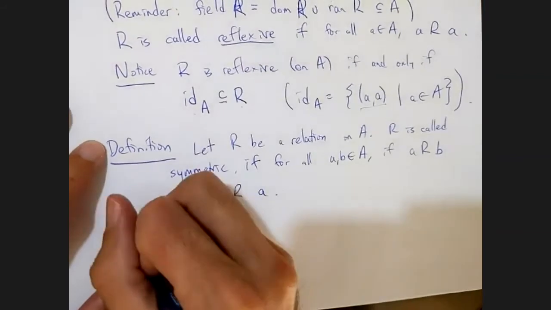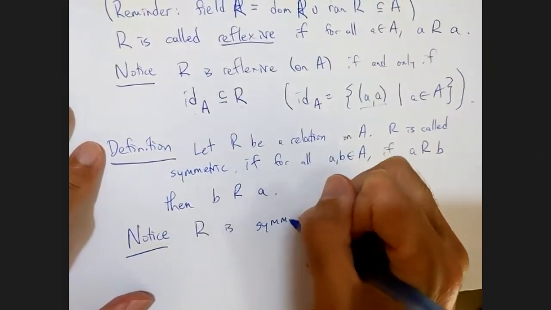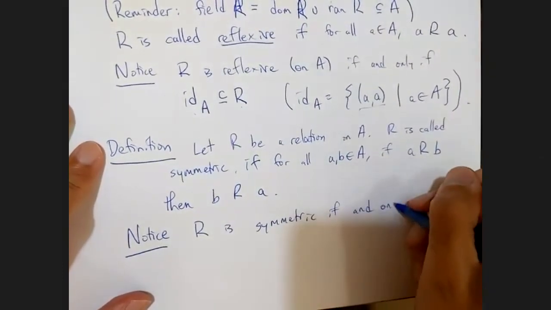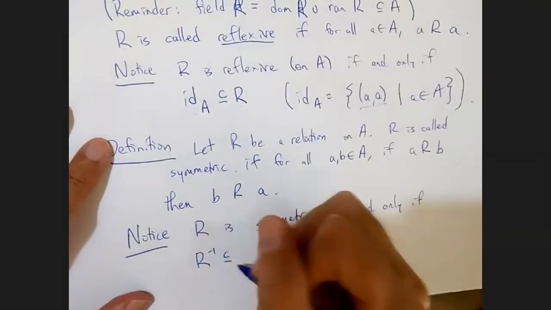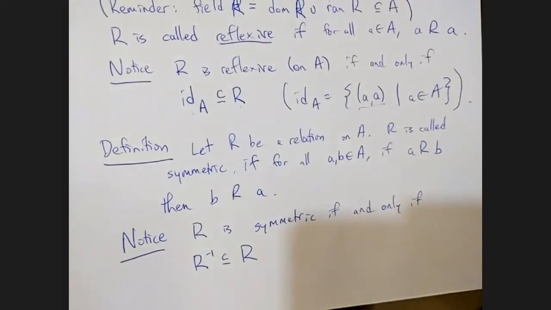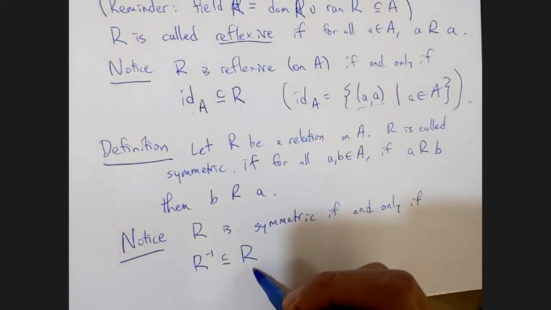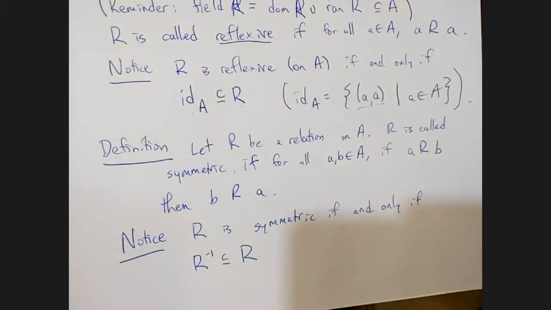And you can see again what happens. R is symmetric if and only if R inverse is contained in R. Remember, whenever we have a relation R, R inverse is the relation you get by reversing the pairs.